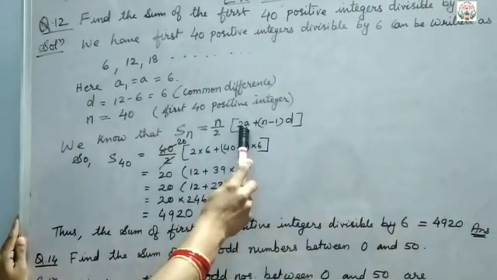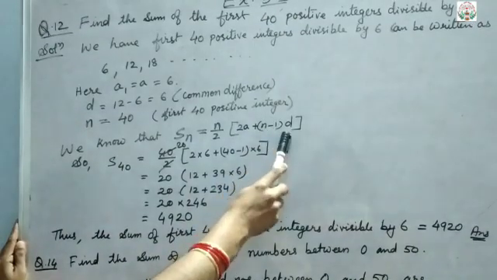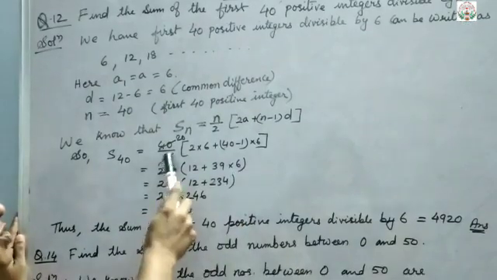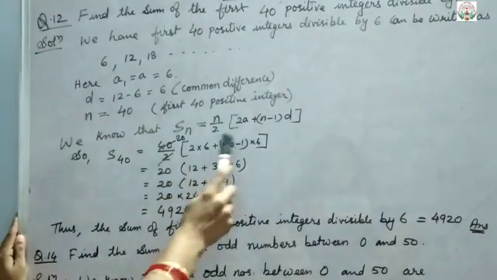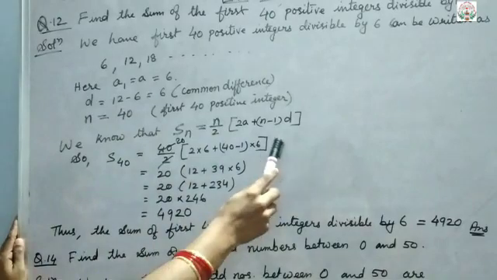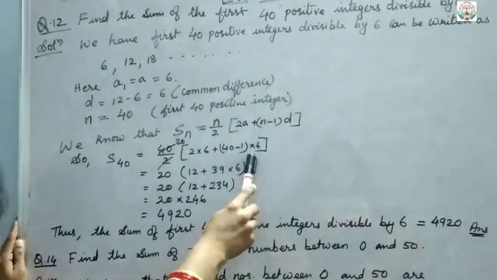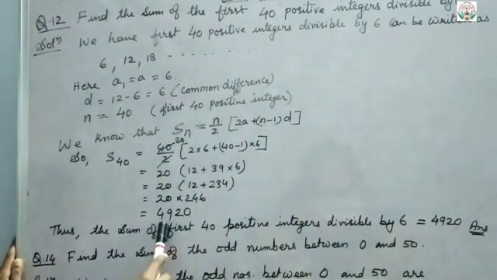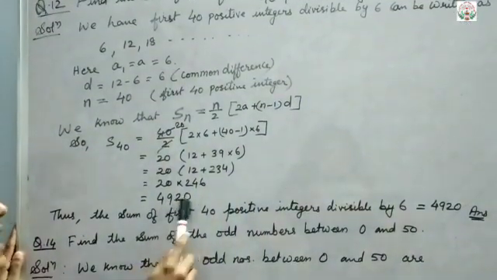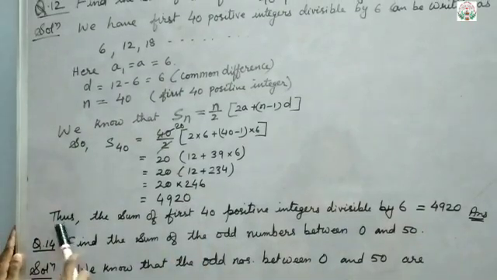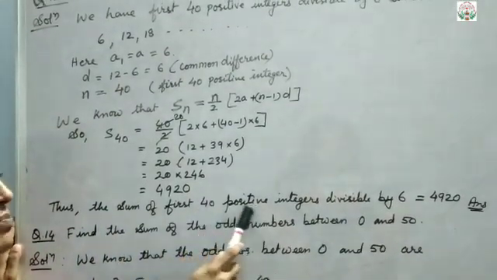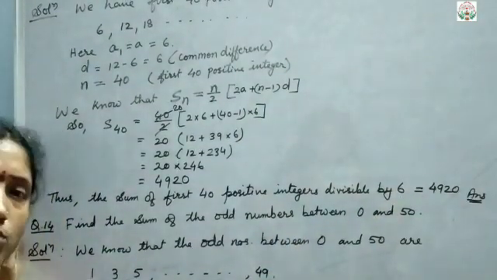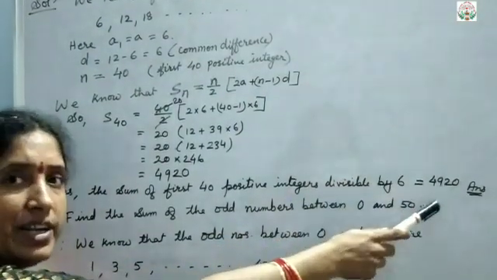Here A, N and D are known to us, so can we find this value? Substitute N as 40, A as 6, and D as 6 again. After substitution, simplify, and you will get the answer 4920. Thus the sum of the first 40 positive integers divisible by 6 equals 4920.